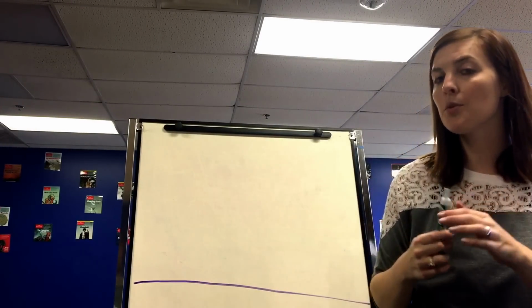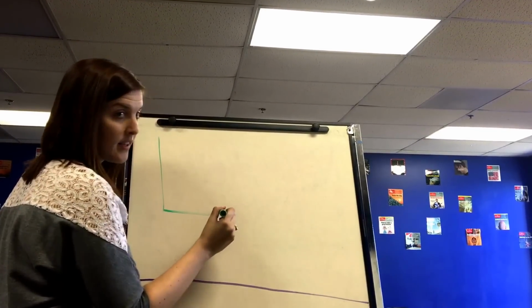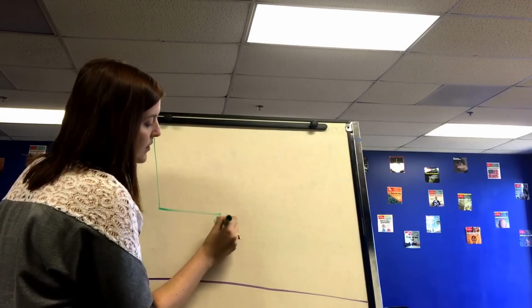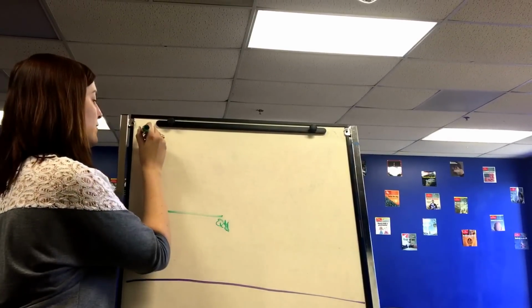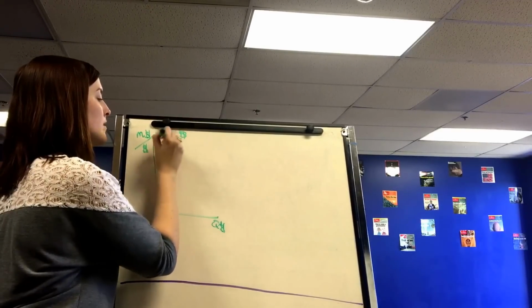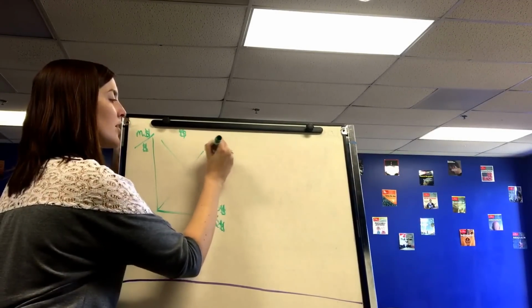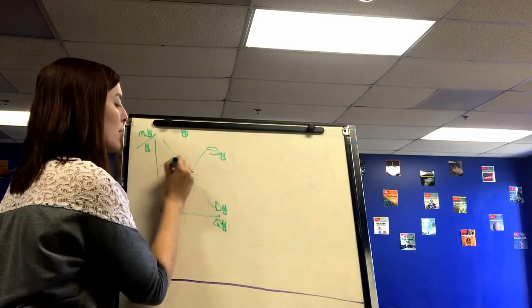So same two graphs, but a very different change because higher interest rates are a good thing in the foreign market. So I still have the dollar graph and the Mexican peso graph. Still labeling everything correctly. If you don't know the symbol for a currency, you don't have to memorize all of those.